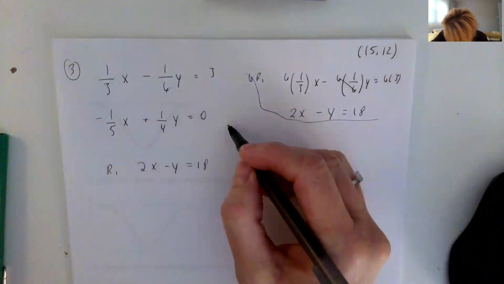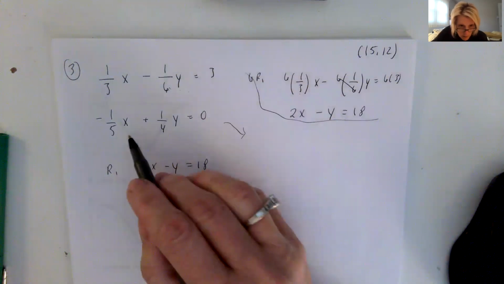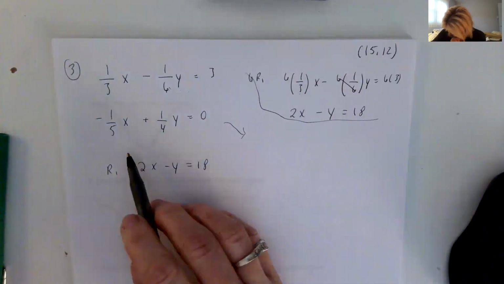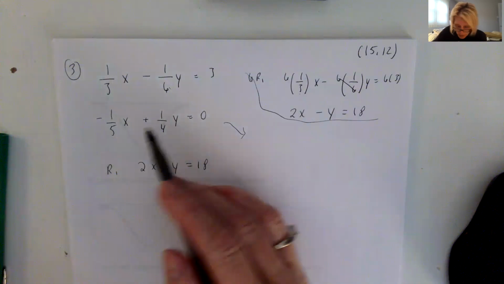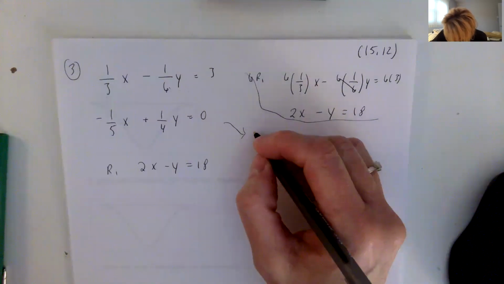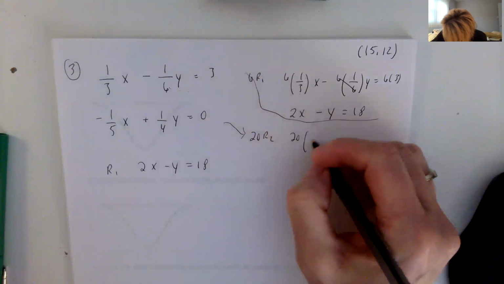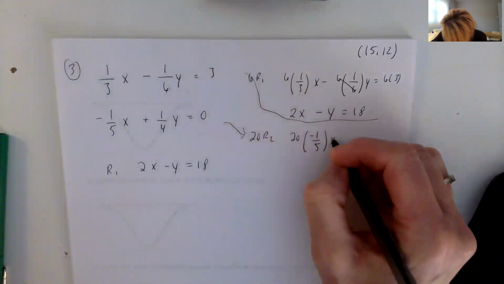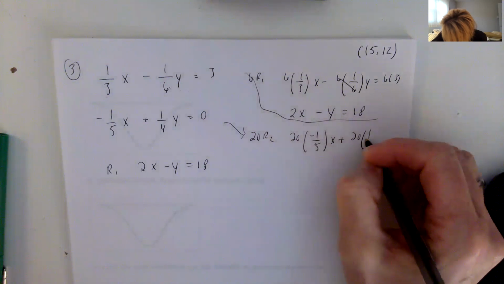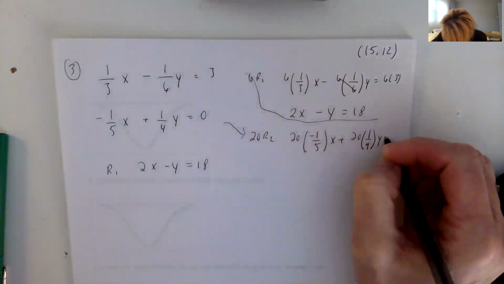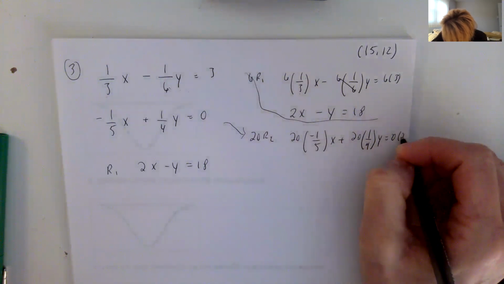Now I'm going to eliminate my fractions in row 2. And so my LCD is just going to be 5 times 4. So I'm going to multiply through by 20. So 20 times row 2. So 20 times a negative 1/5 x plus 20 times 1/4 y equals 0 times 20.